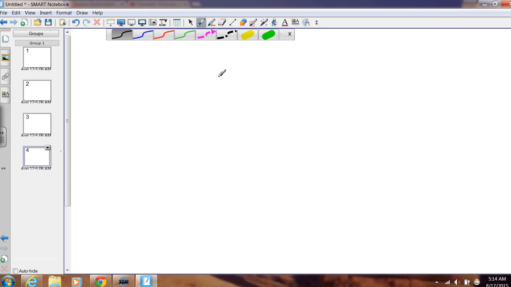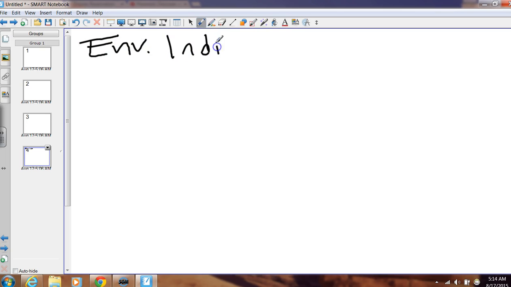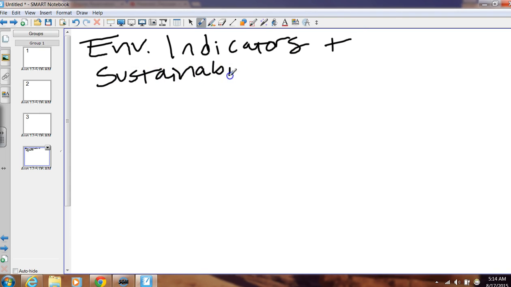Okay, so again, this is environmental indicators: things in the environment that indicate to us something might be going wrong. We're going to be going over what those are. And when we know what those are, in what way can we make it better? And that's sustainability, so that it's around for future generations.